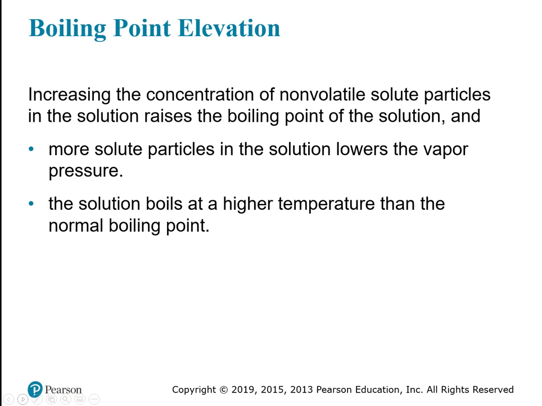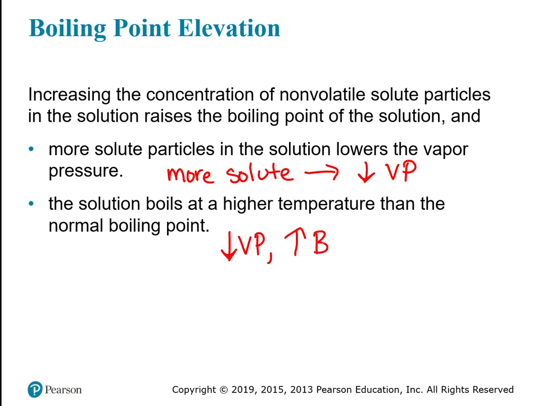We just covered that. So more solute means lower vapor pressure. That means if you lower your vapor pressure, you have to increase your boiling point to compensate. It is going to take more energy for that solvent to get to the surface and to be liberated.